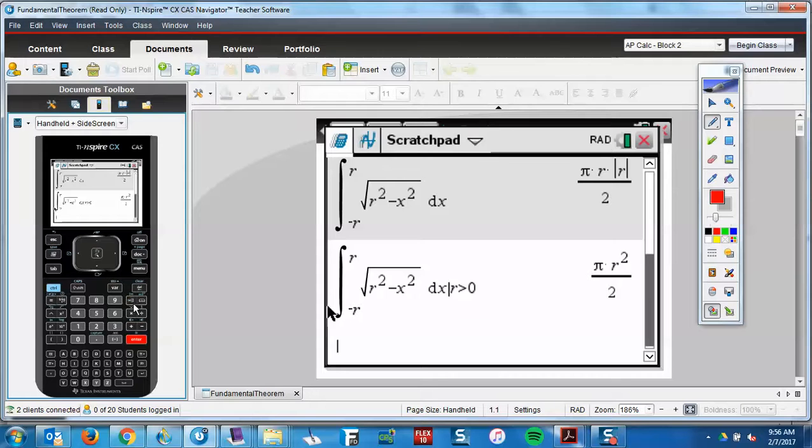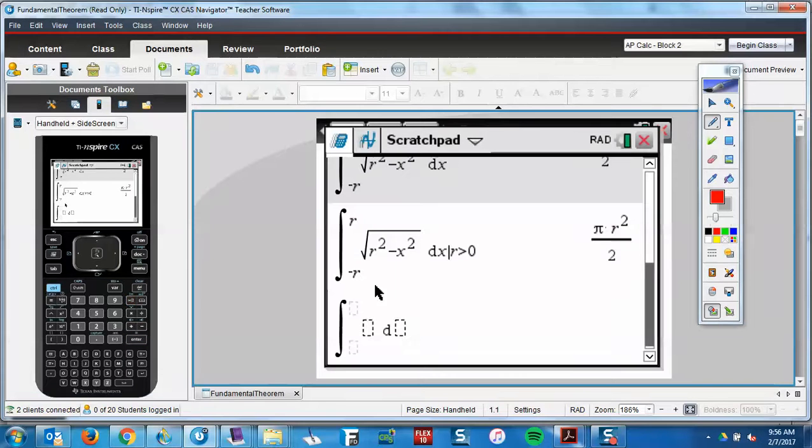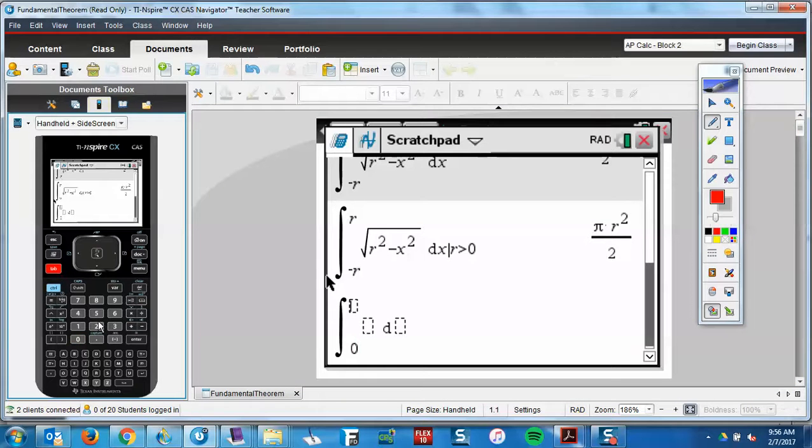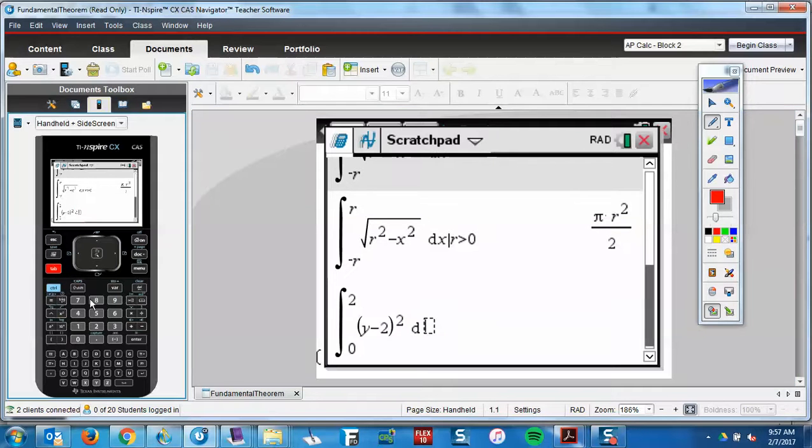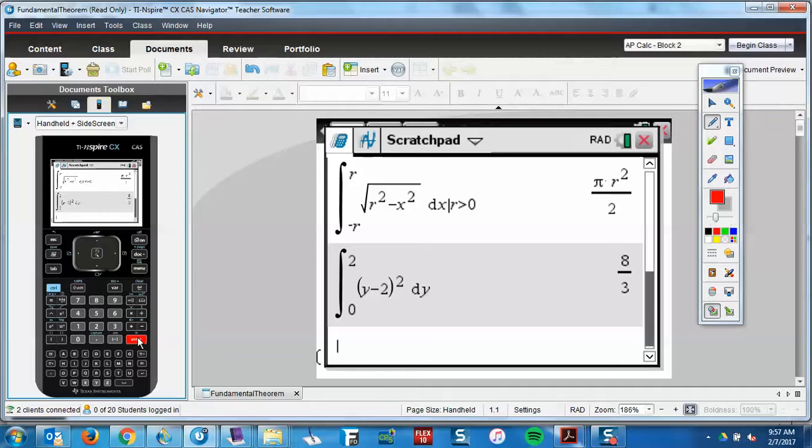So if I do the integral of the one that was given with the y's, that was the integral from 0 to 2 of (y minus 2) squared dy. It tells me that area is 8/3.